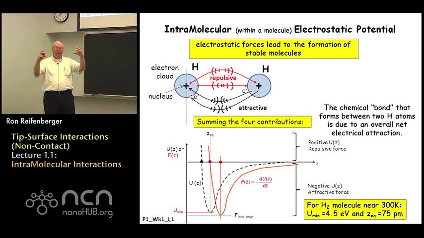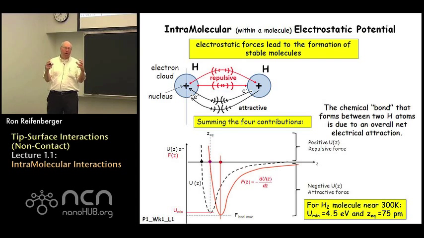The positive nuclei of the two atoms can repel each other. That's a repulsive interaction, and that would have to be taken into account. Likewise, the two electrons associated with each hydrogen atom have negative charge, so negative charges will repel, and they will produce a repulsive interaction as the two atoms are pushed closer one to another.